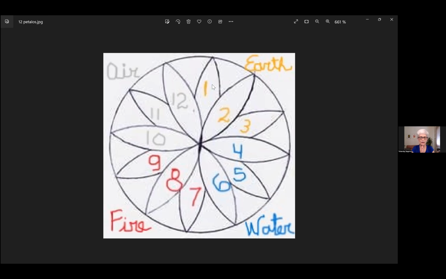The second petal in the earth element of the soul is inclusiveness.